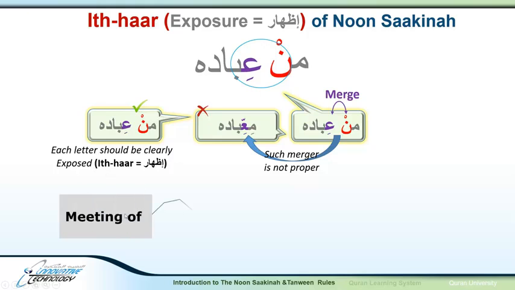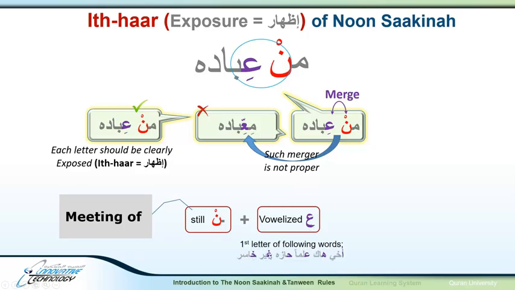That's basically what izhar is. So the meeting of a still nun with a vowelized ain, or any of those letters in this violet color at the beginning of those words, ha, ghain, any of those letters, when it meets with the nun sakinah, it should be clearly pronounced with izhar: no hiding, no masking, no merging, no iqlab.